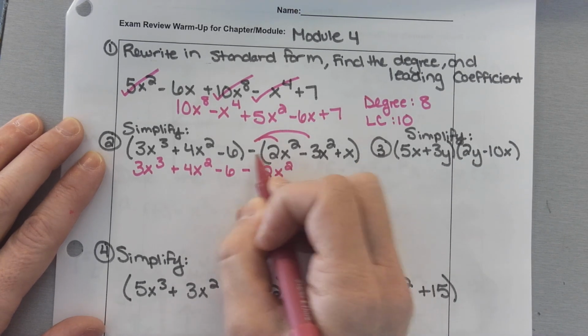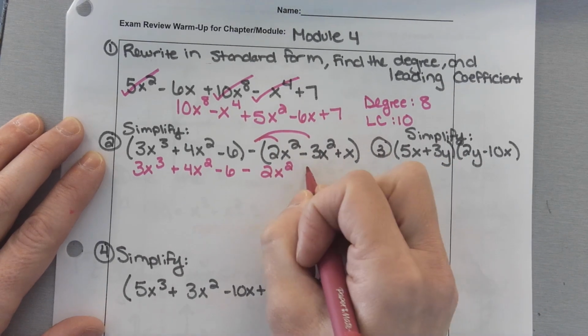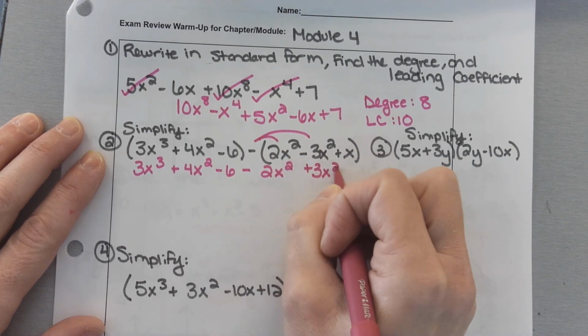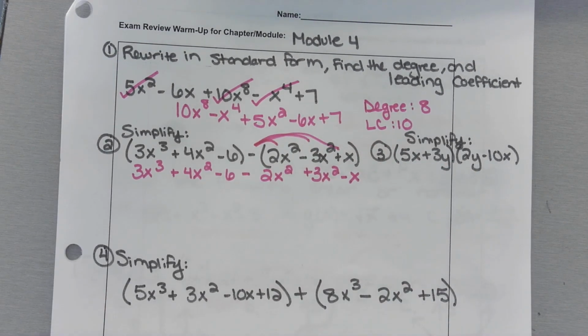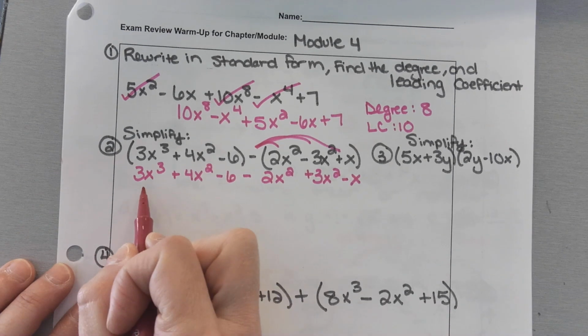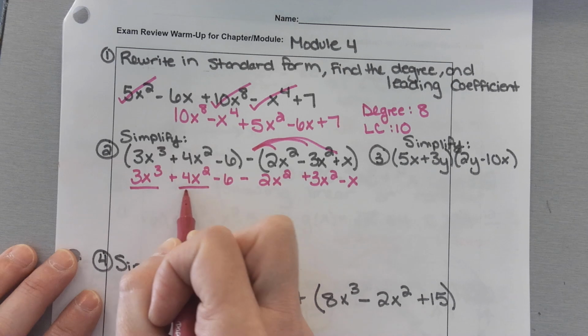Okay, so distribute the minus, this becomes minus 2x squared. Distribute the minus, this becomes positive 3x squared. Distribute the minus, this becomes negative x. All right, let's find our like terms. Does 3x cubed have a like term? No, it was probably supposed to, but it doesn't. 4x squared, does that one have a like term?